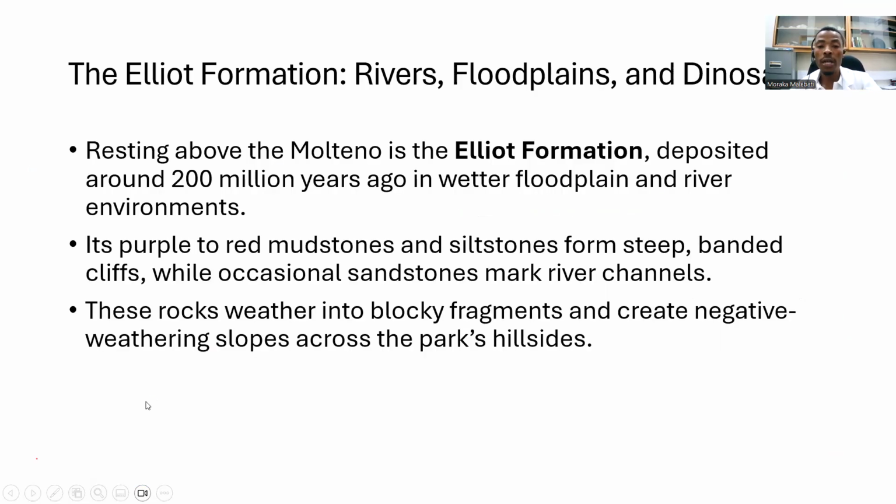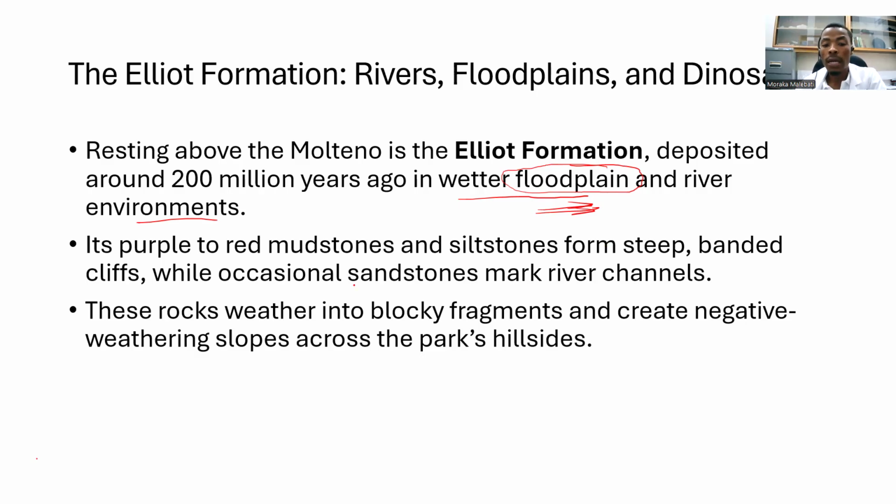So the Elliott Formation, here we have rivers, floodplains, and dinosaurs. Resting above the Molteno is the Elliott, deposited around 200 million years ago in wetter floodplain and river environments. In these floodplains, that's where the dinosaurs had their nesting site, within the red mudstones.